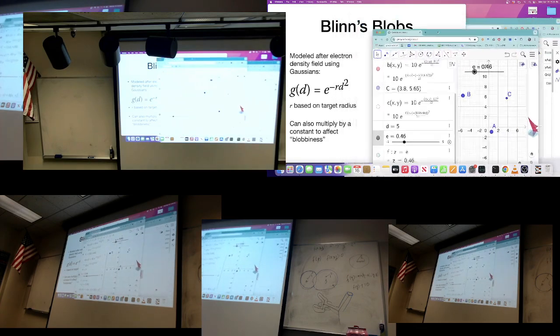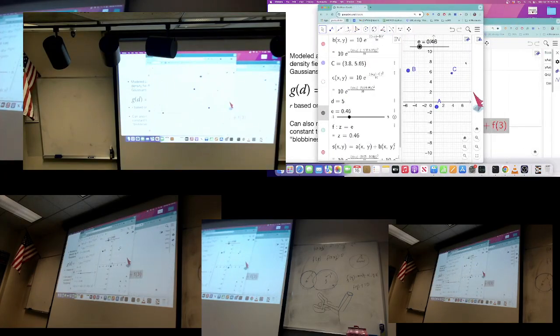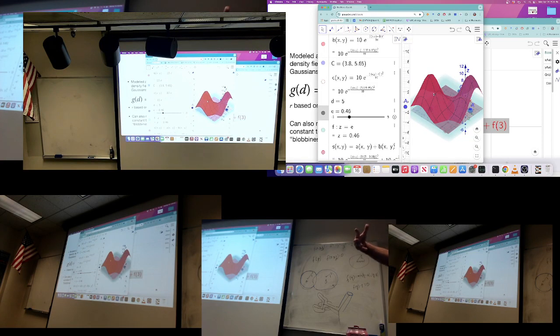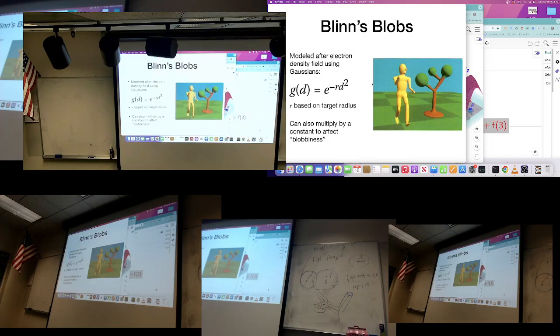It will make one of the blobs smaller or larger than the other. Right? So I can decide that one such blob is smaller than the other blob by placing either a constant before the e or changing the r itself.